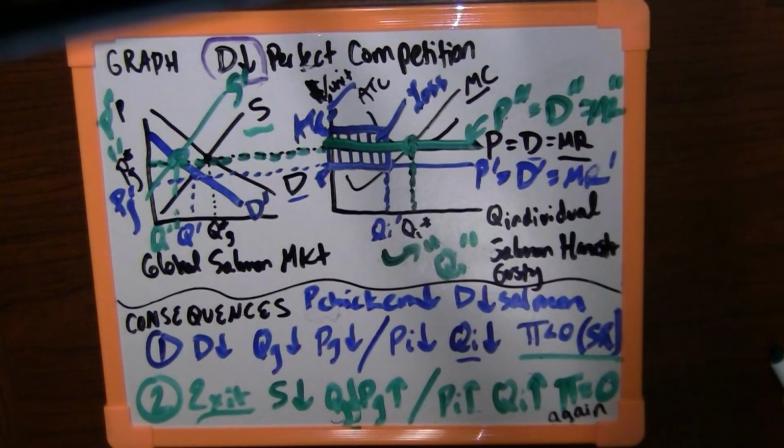That doesn't mean that chicken prices falling isn't devastating to some producers and forces them out of the market, but it does mean that the freedom of entry and exit always bounces us back to zero profit in the long run. Okay, so that is a demand shock. Let me take a break, erase all of this craziness, and I will show you what a change in cost looks like.